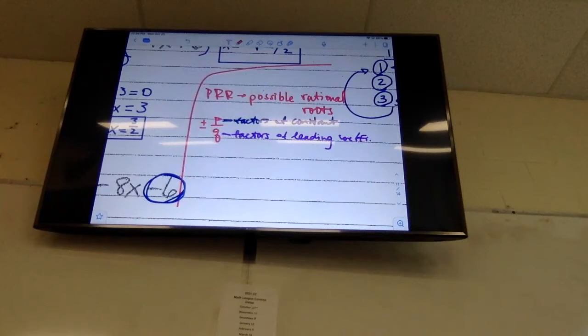Whatever the list of these factors are, those are my possible rational roots. And we use the factor theorem to decide whether they work or not.